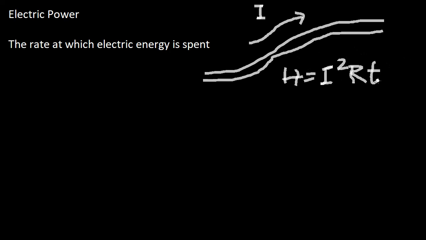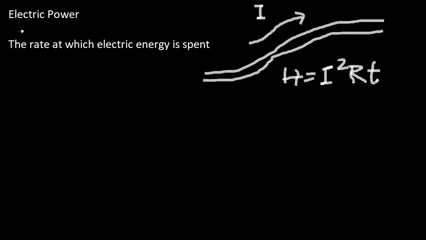That is the expression for the electric current heating effect, and this heat produced can be considered to be the energy dissipated when the current is flowing through the wire.